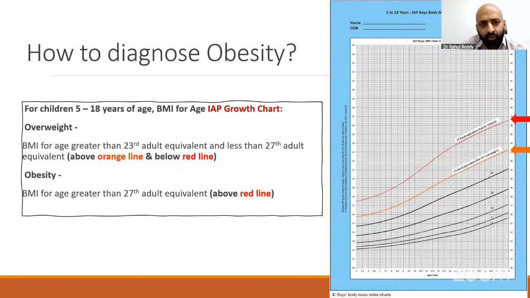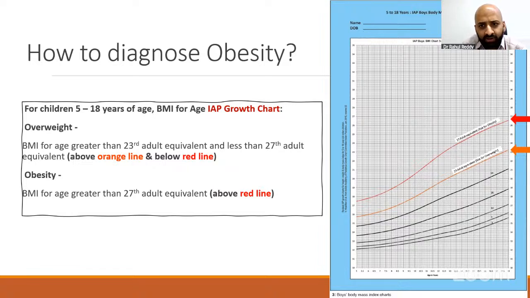And importantly, in addition to this, we can also use the waist circumference charts. There are waist circumference charts given by IAP for 5 to 18 years kids. And if the waist circumference is more than the 70th percentile, it's considered as risk of metabolic syndrome, and those children should again be under careful follow-up, and that needs to be addressed as well.